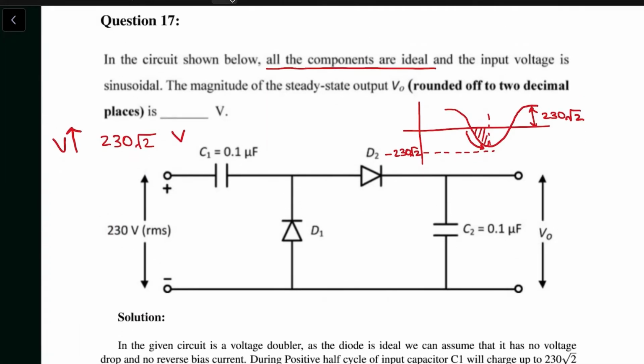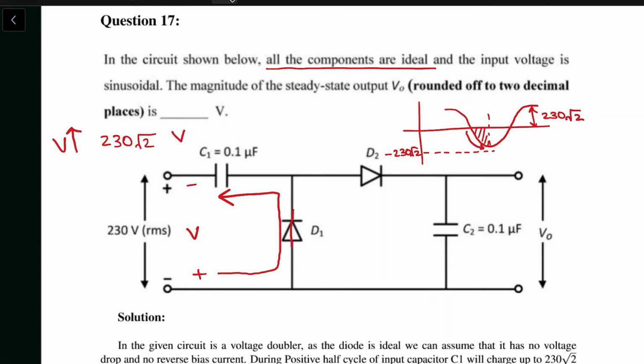So during this you can clearly see that V is trying to impress a current in that direction. Current always flows from the positive to the negative of the input polarity, and now as V is trying to impress a current in the direction of the diode, the diode is forward biased, so it can be replaced by a short circuit.